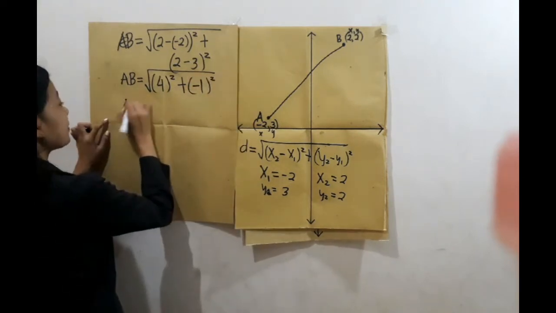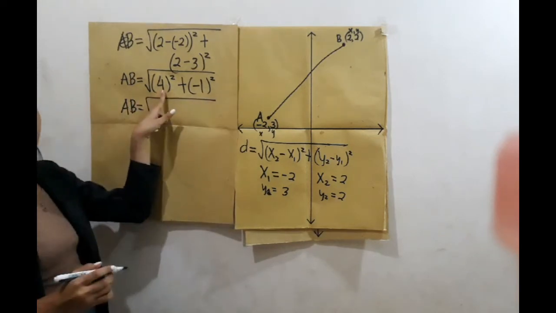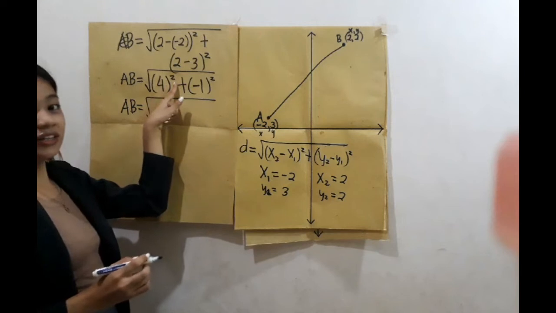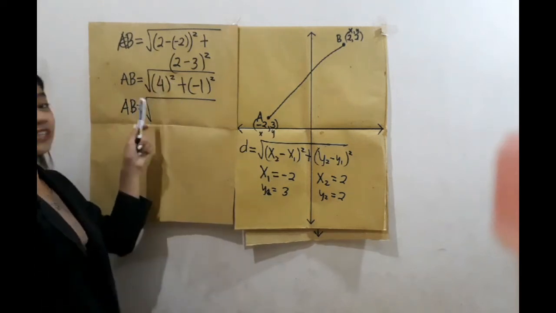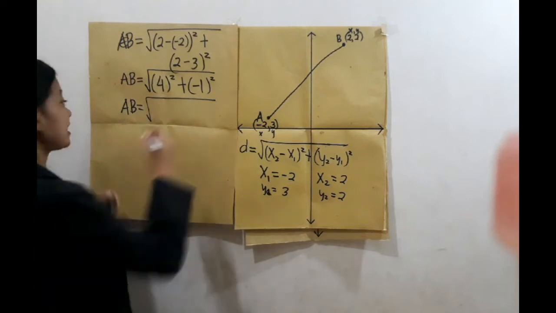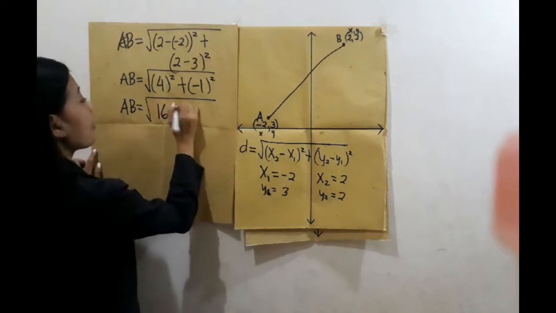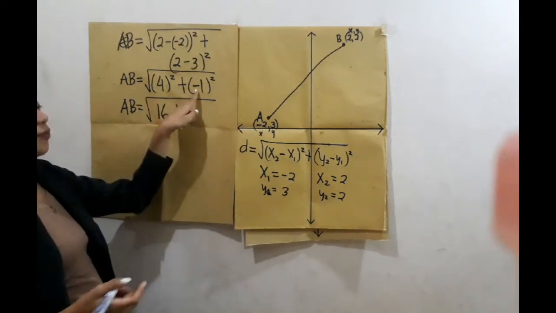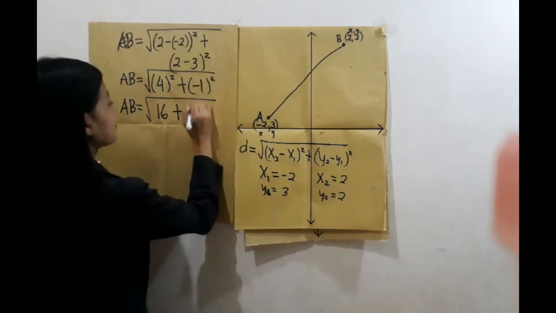So again, copy the radical sign, and then 4, since it is squared, we have to multiply 4 by itself. So 4 times 4 is equal to 16. Positive 16 plus, and then negative 1 times negative 1 is positive 1.